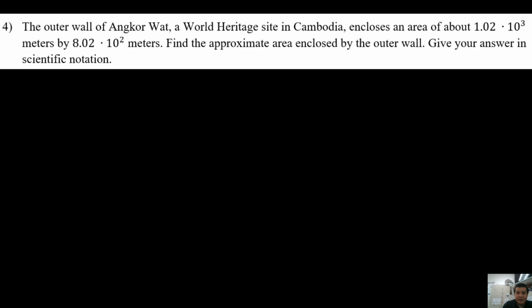Go ahead and try this one on your own. Again, this is a find the area, so we're going to again multiply. So we have 1.02 times 8.02.